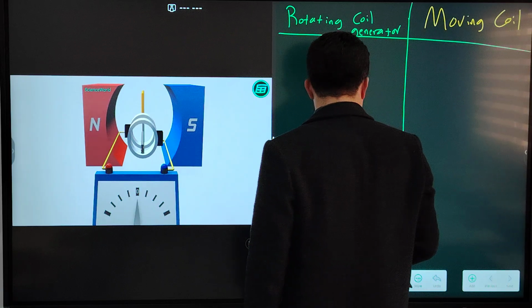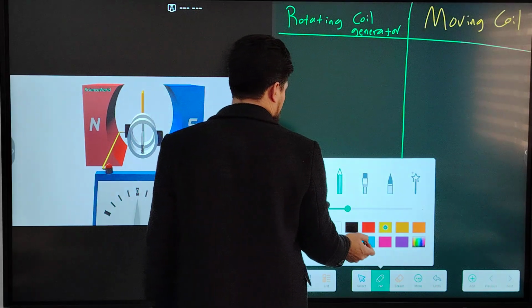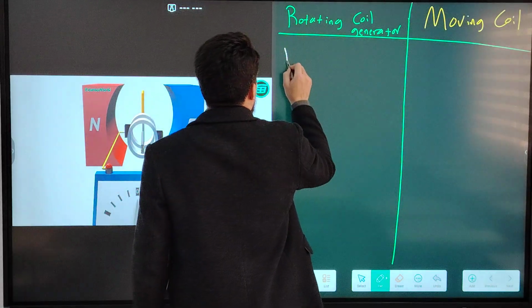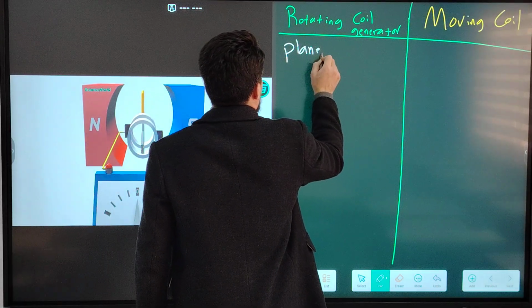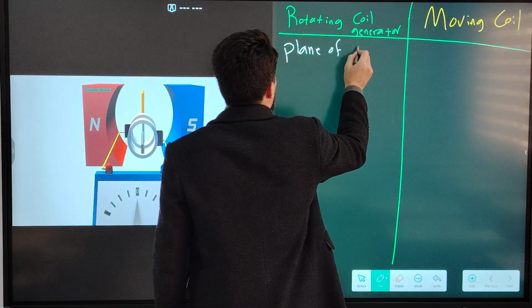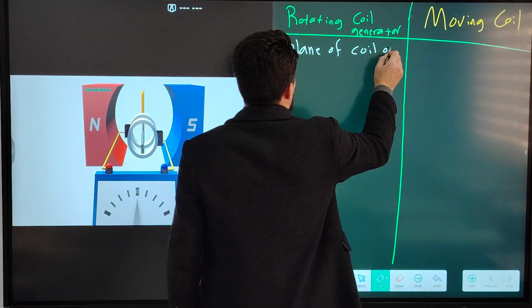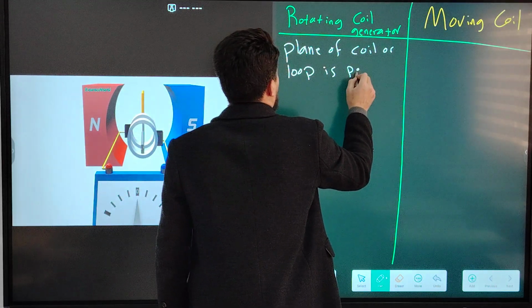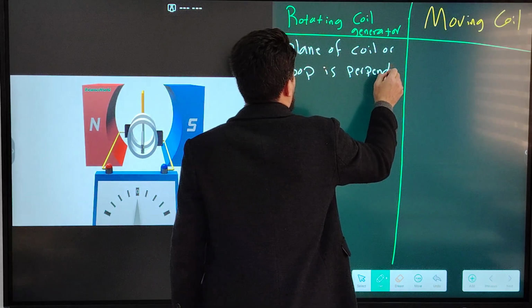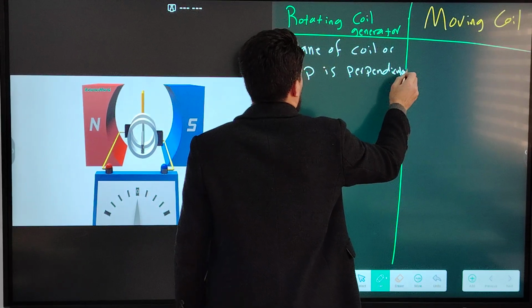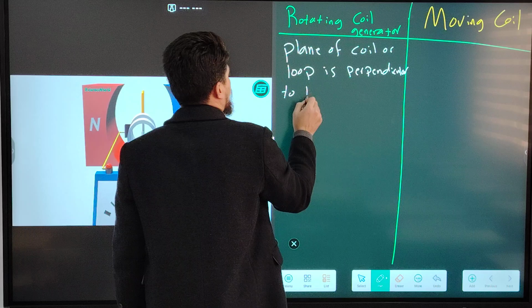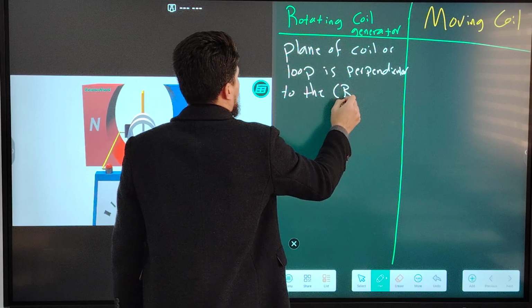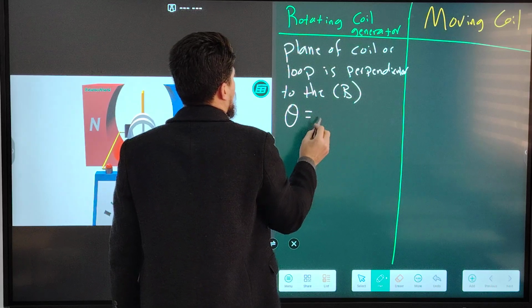In both cases, if the plane of the coil or loop is perpendicular to the magnetic field, theta is equal to what?